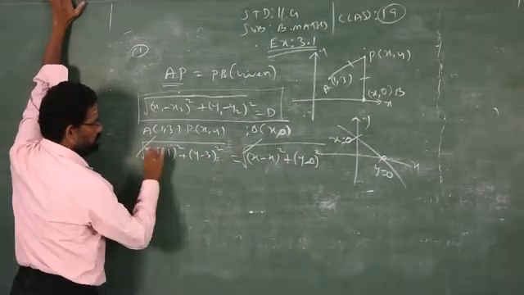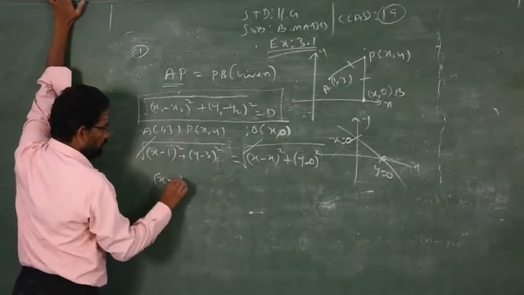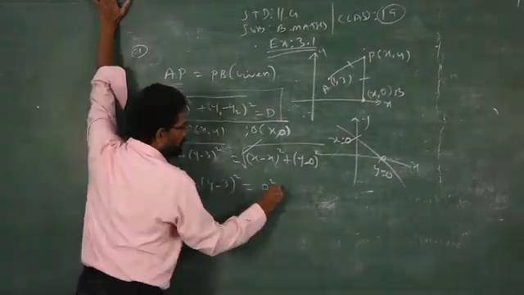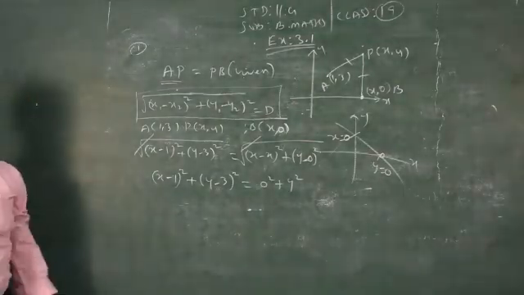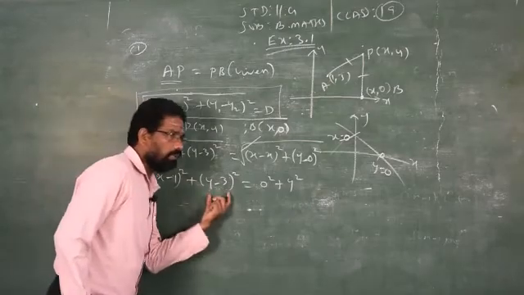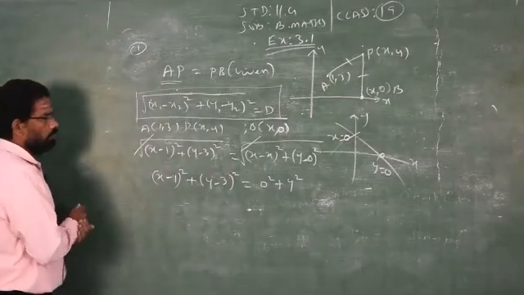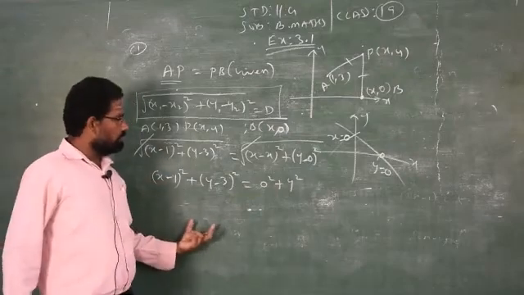So now I cancel the square root on both sides. I will get (x minus 1) the whole square plus y square, since y minus 0 is y square. This you can expand by the (a minus b) the whole square identity, and there also (a minus b) the whole square. Remember the (a minus b) the whole square and (a plus b) the whole square identities to simplify these problems.